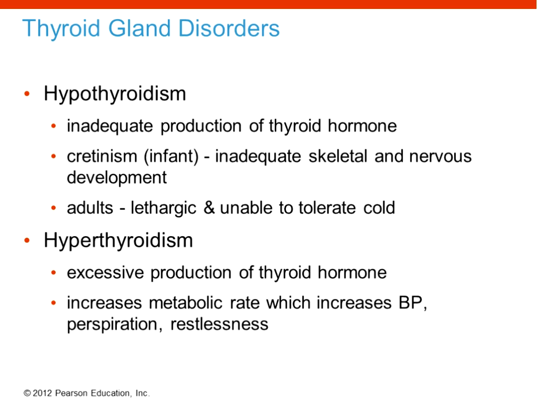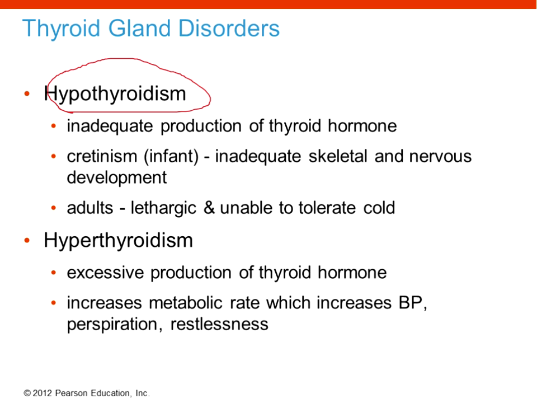Okay? Now, what happens if you have too much or not enough of this T3 and T4 hormone? Well, too little is what's called hypothyroidism, right? And based on what I just said, you can probably draw the conclusion that if we don't have enough T3 and T4, we're not going to be stimulating metabolism, my metabolic activity is going to be low, probably going to be reducing heat. So what would be responsive to that?